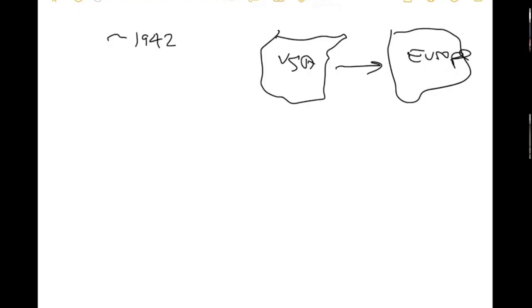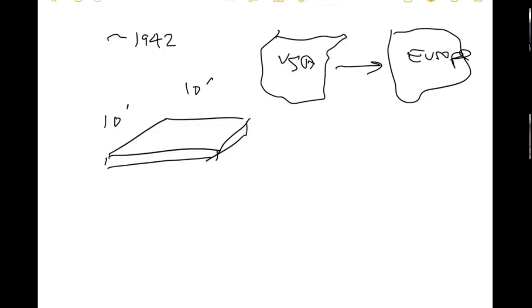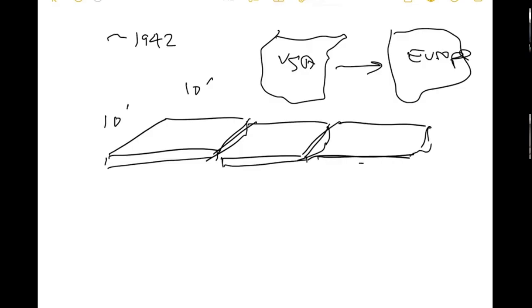I don't know if it was hundreds of these or dozens, but it was quite a few. They took relatively thin steel plates, maybe 10 feet in size, which you can make really fast, and you just put them together, and put another one, and you just do this.